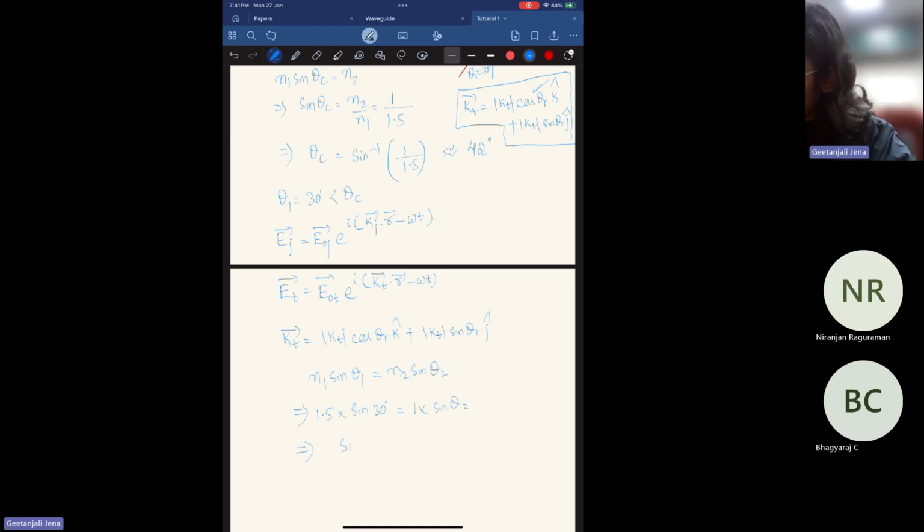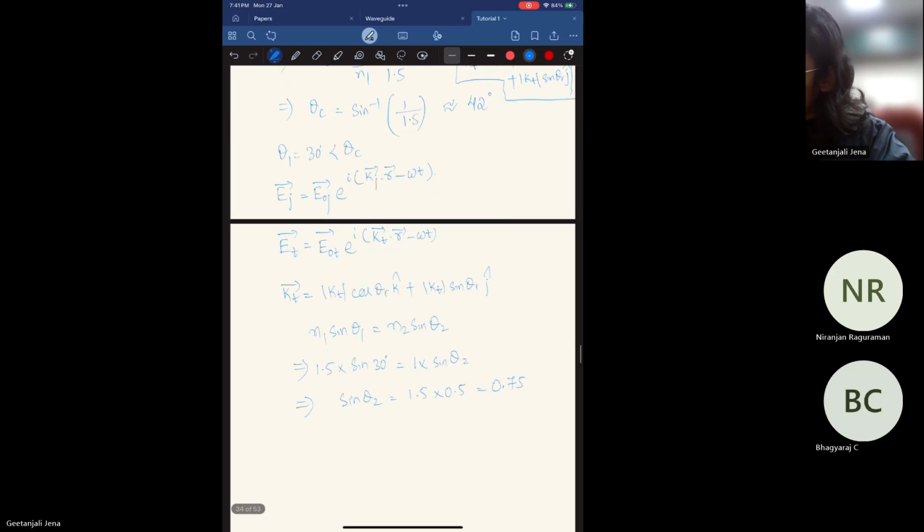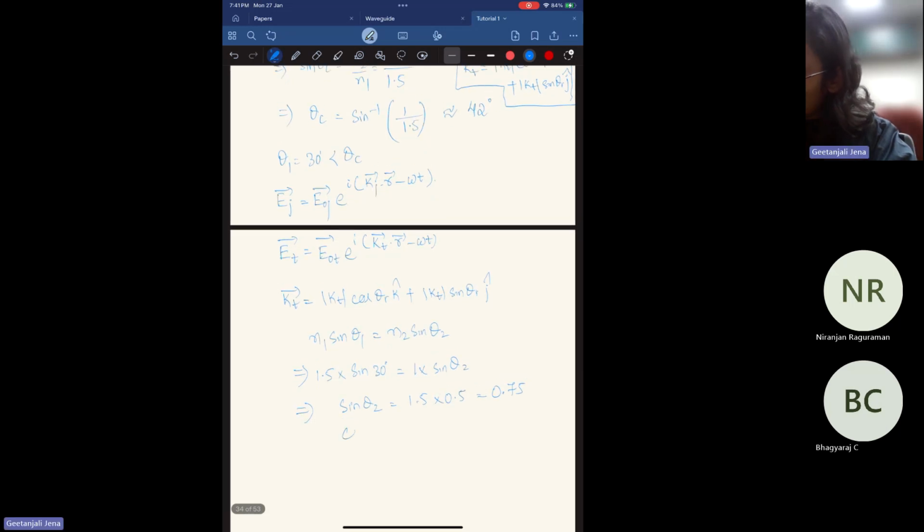So sin theta 2 here will be 1.5 into 0.5, so this is 0.75. And cos theta 2, you can easily find by taking root over 1 minus sin square theta 2, which will come around 0.66.